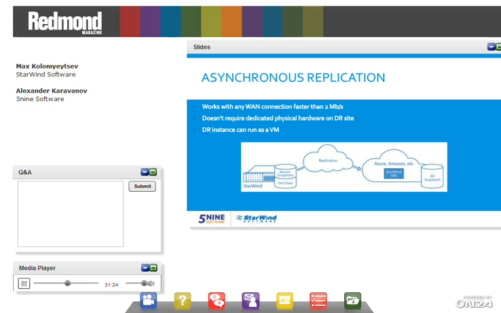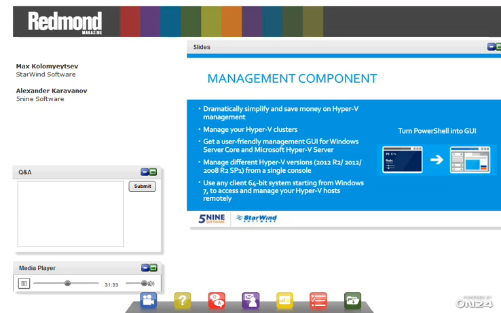I'm going to start with a brief description of our management component, and obviously I'm going to cover one of the most popular scenarios, which happens with smaller Hyper-V highly available clusters. What you usually use for that is the free Microsoft Hyper-V server.